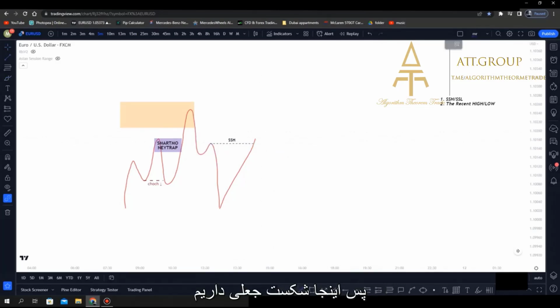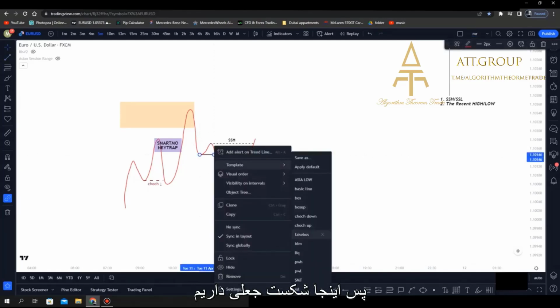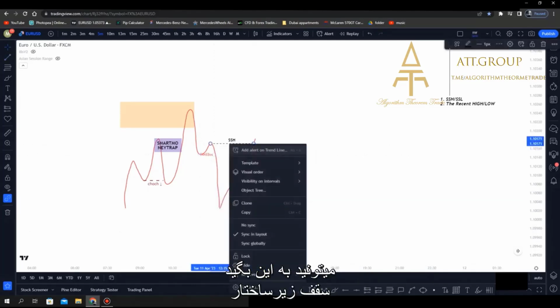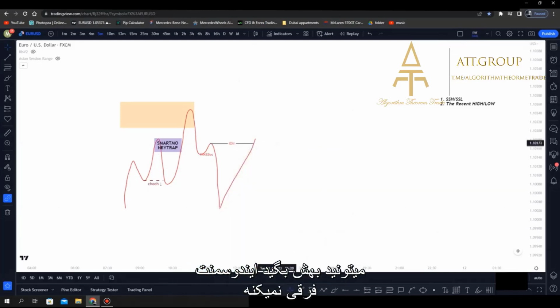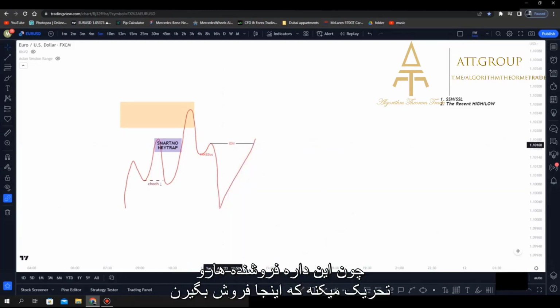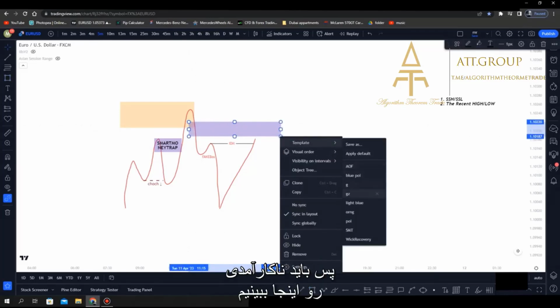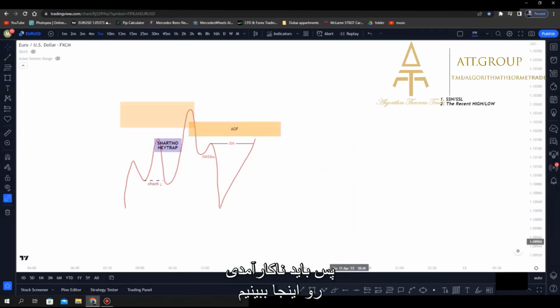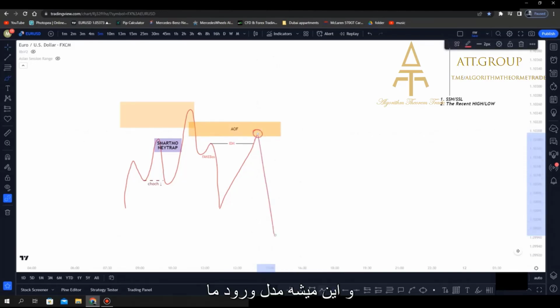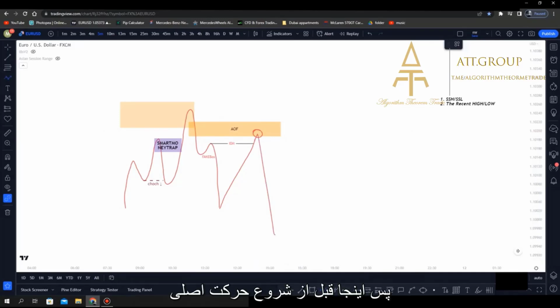So we have a fake BOS. You can call this the substructure high, you can call it inducement, it doesn't matter, because it's inducing sellers to sell from here. We also have the IPA right here. So we need to see the IPA over here. This is our entry model.